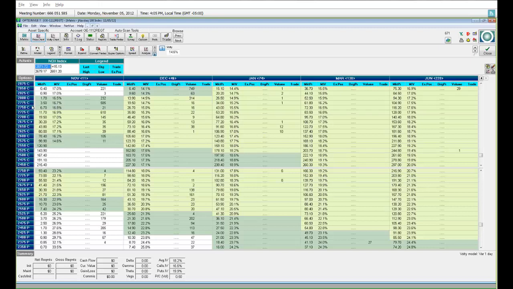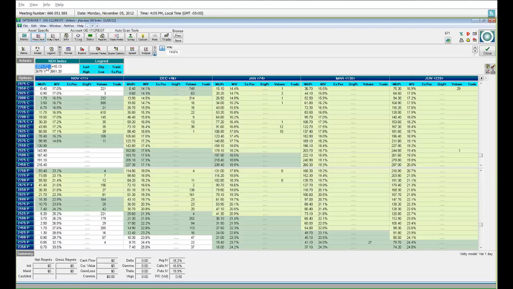Let's look at 2700. Okay, 2700. So the Nasdaq closed at 2671. That's below 2700, right?